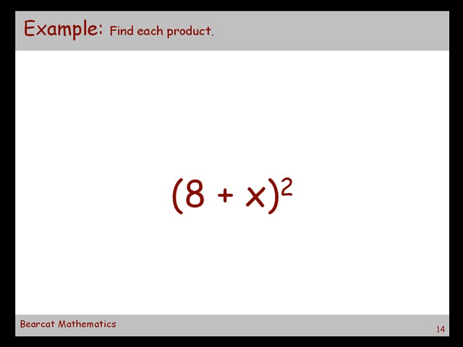Somebody do that one. Let me pick somebody. Here's my list. Can we turn that around to x plus 8? You bet we could. And what's this one?